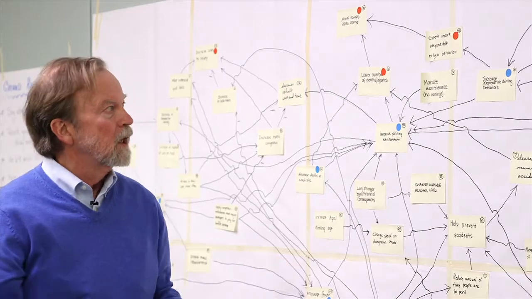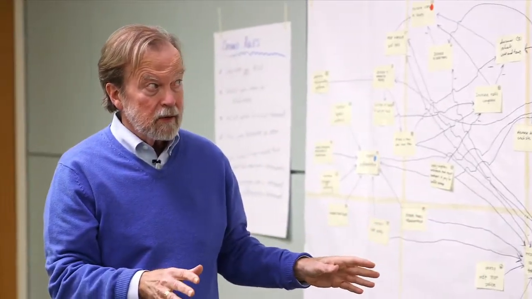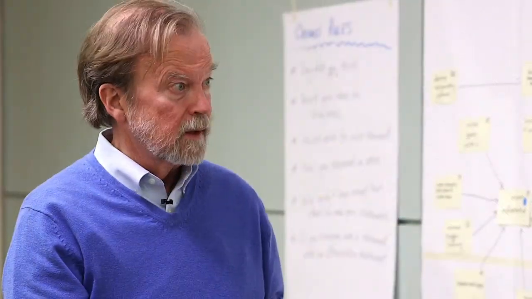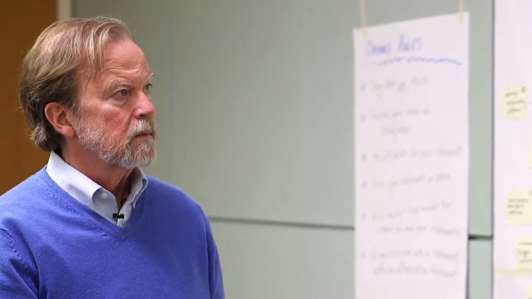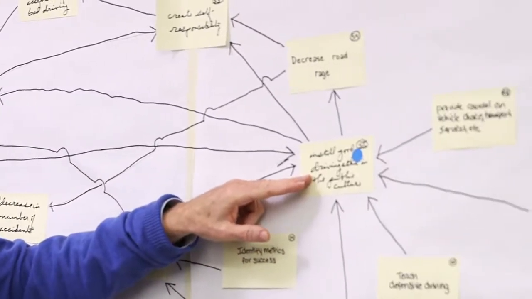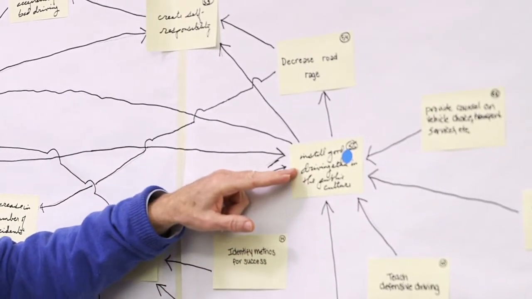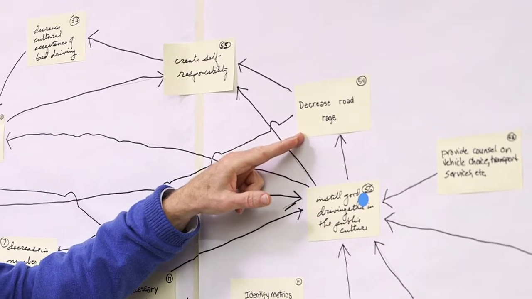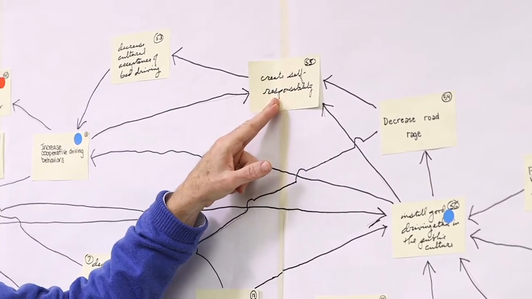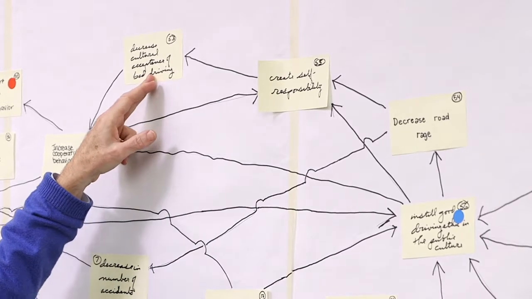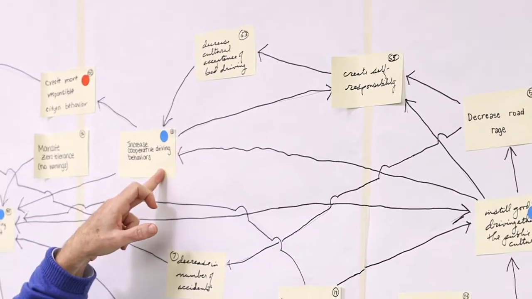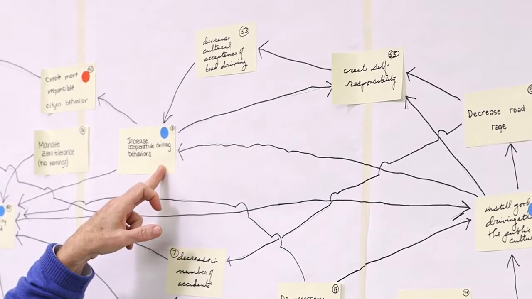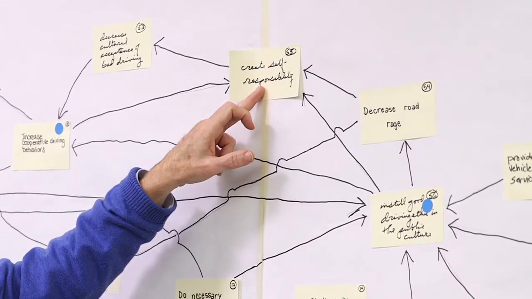Okay, good. Does anybody see any other loops here that we might call out? Yeah, I think so. Look at 56, instill good driving ethic in the public culture. That seems to lead to 54, decrease road rage, which goes to 55, create more self-responsibility, and that in turn goes to 53, decrease cultural acceptance of bad driving, and then to 8, increase cooperative driving behavior, and then back to 55, creates more responsibility.